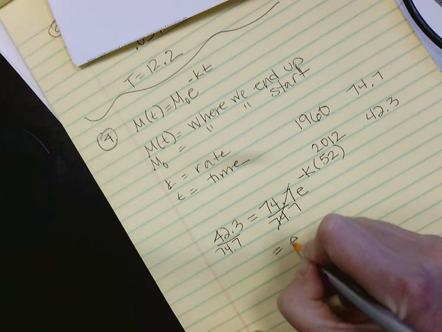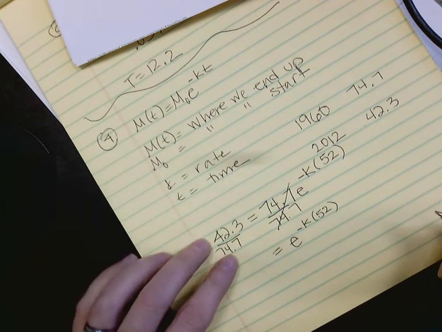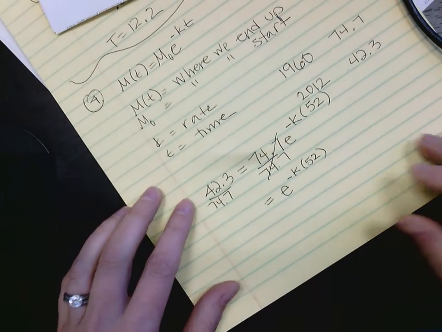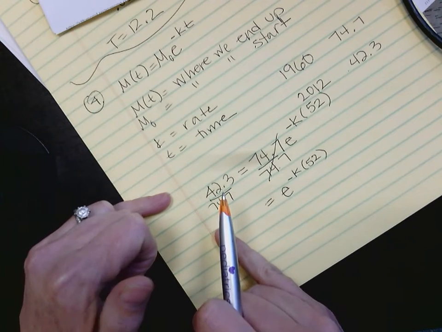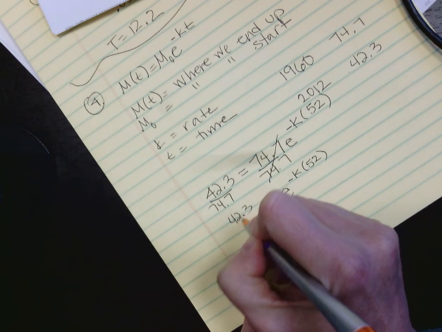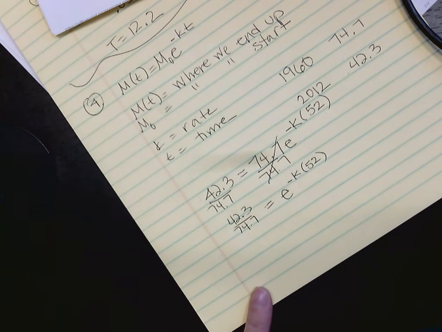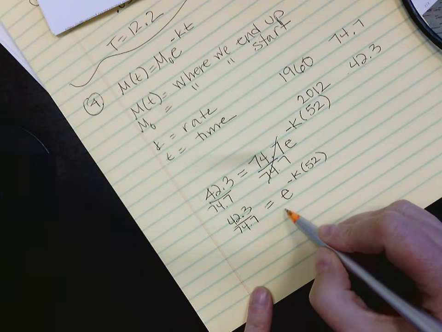So e to the negative k times 52. Again, I'm not going to do this math until I have moved everything I can over here. So I'm just going to leave this as 42.3 over 74.7.